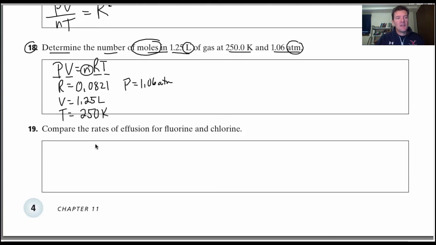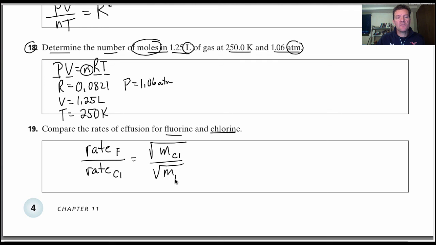All right, compare the rates of effusion for fluorine and chlorine. So all we have to do here is, the rate of fluorine over the rate of chlorine, that ratio is equal to the square root of the mass of chlorine over the square root of the mass of fluorine.